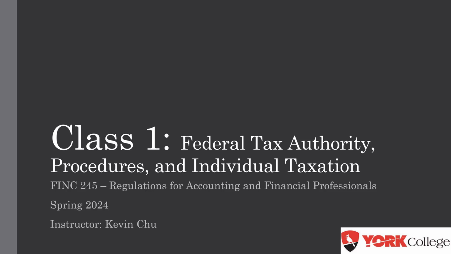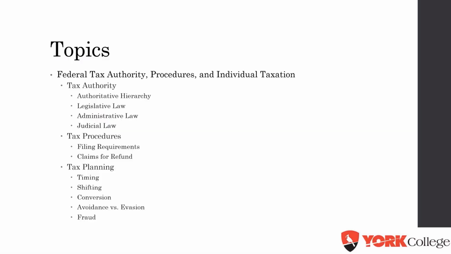For this unit, we'll be focusing mainly on the federal government and its tax authority, and this class will be divided into three sections. In the first section, we'll be looking at the overall tax authoritative hierarchy that the federal government holds in order to tax individuals and businesses. In the second section, we'll be looking at the procedures that that authority requires.